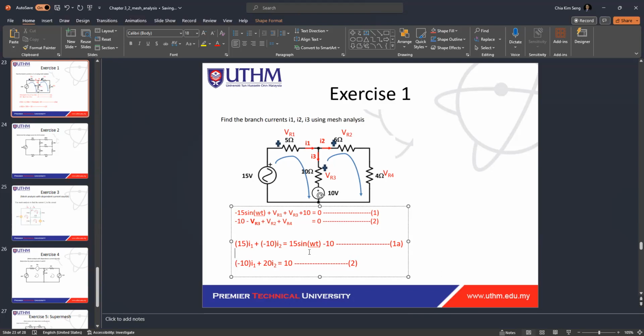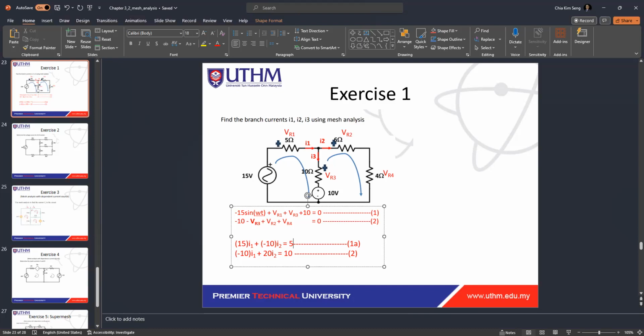And then let's assume that this 15 is a DC. Okay, we assume it's DC. So here how much are we going to get? We get 5 positive. So these are the equations. Next, we're going to use a calculator to solve these simultaneous equations. So 15, minus 10, 5, minus 10, 20, and 10.